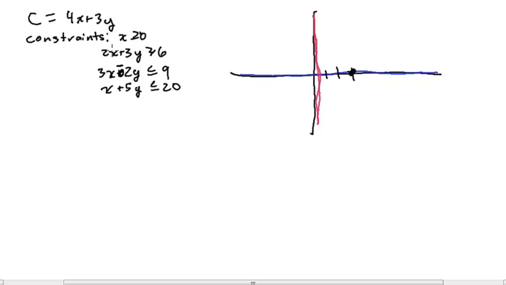To find the y-intercept, let x equal 0. When x is equal to 0, y must be equal to 2. Okay, so this line then looks like this. So this is our first line, this is our second line.